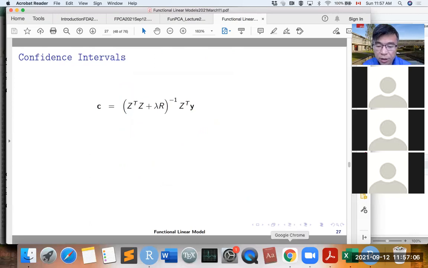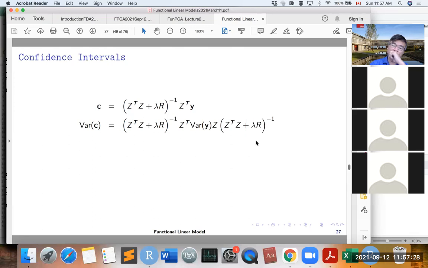So now let's look at the confidence intervals. Basically, this is the formula for the basis coefficients, right? Then we can calculate the variance of the basis coefficients using what we learned in multivariate statistics. Basically, it is this matrix times the variance of y times the transpose of this matrix.